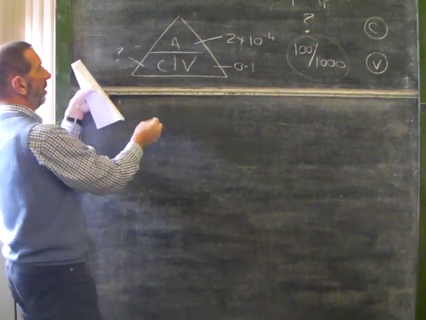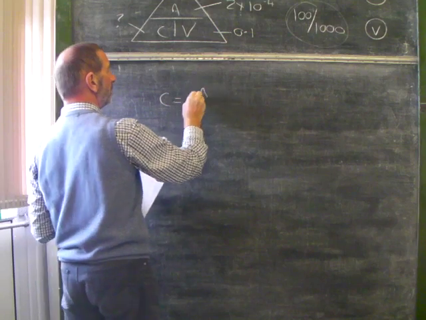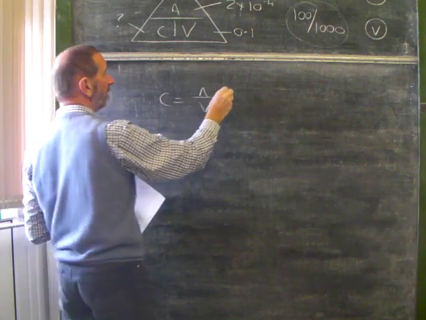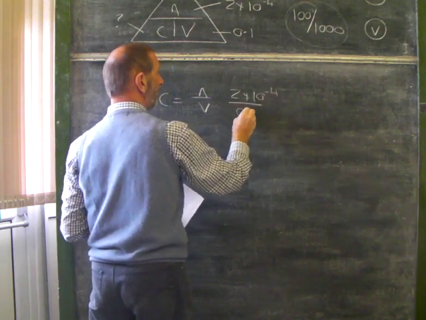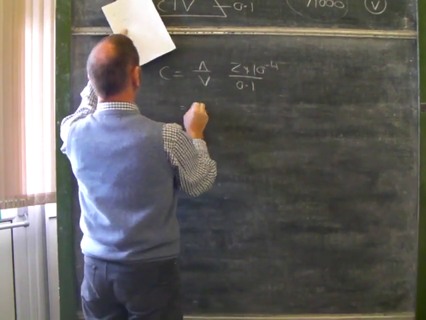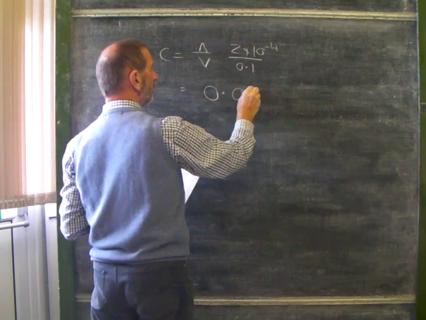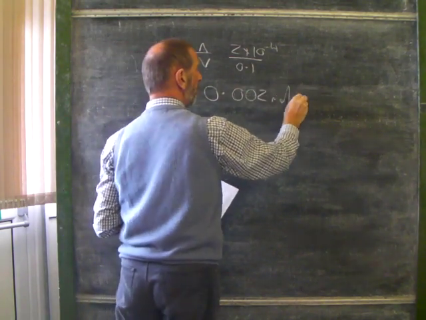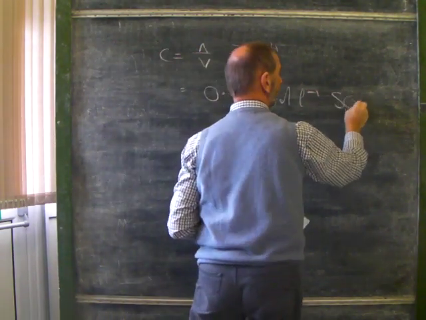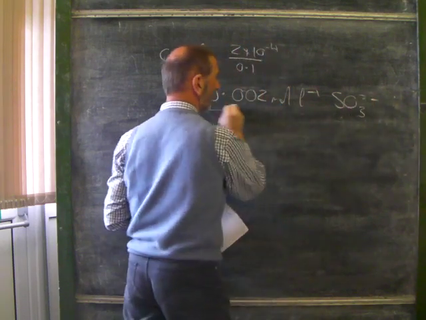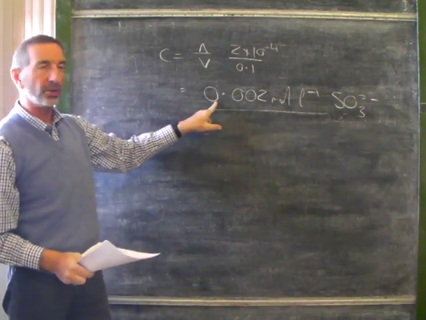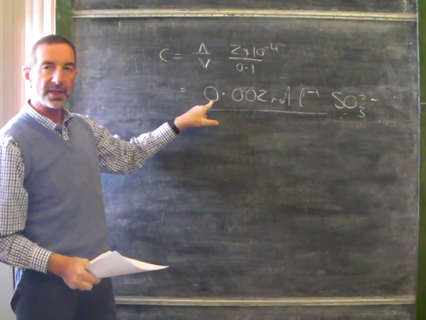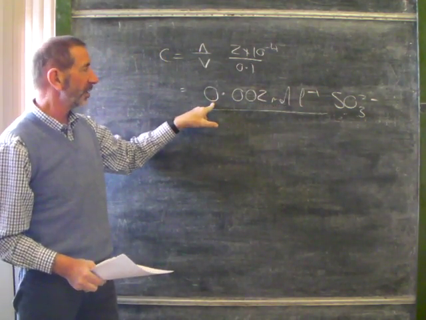If we do this sum, we can see concentration is moles over volume, n over V. That's 2 times 10 to the negative 4 divided by 0.1 comes to 0.002 moles per litre of sulfite. In other words, there's just a trace of sulfite, an incredibly dilute solution of sulfite present in the wine, just enough to preserve it.